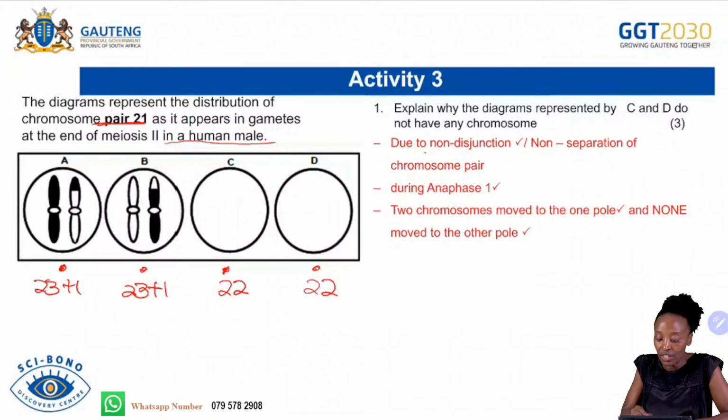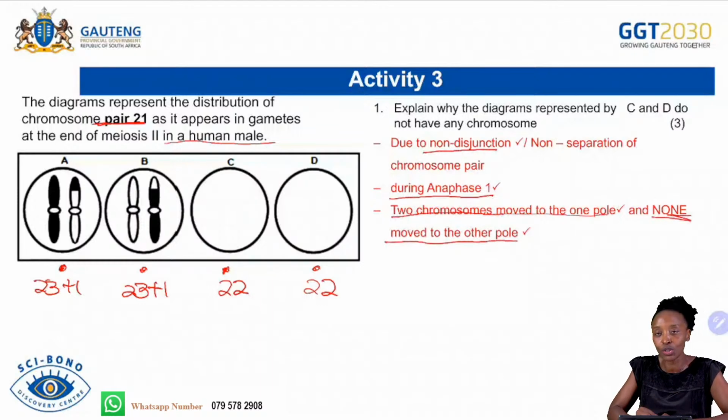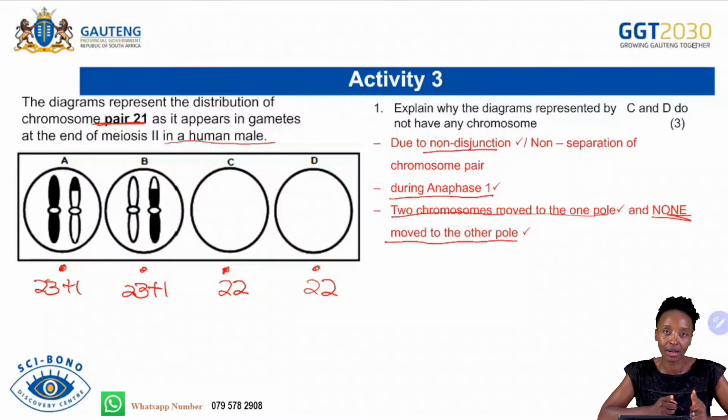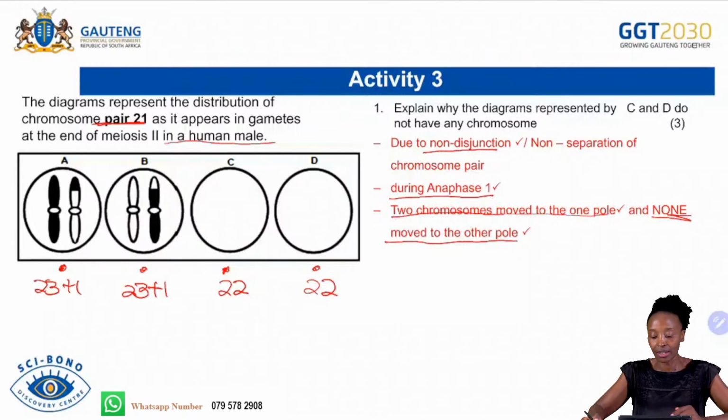So due to non-disjunction or non-separation during anaphase 1, which is exactly what I said, the whole pair of chromosomes moved to one pole and none moved to the other pole. So that is what has happened here. That is why these 2 have nothing and the other 2 have 1 chromosome extra. So that's the answer.